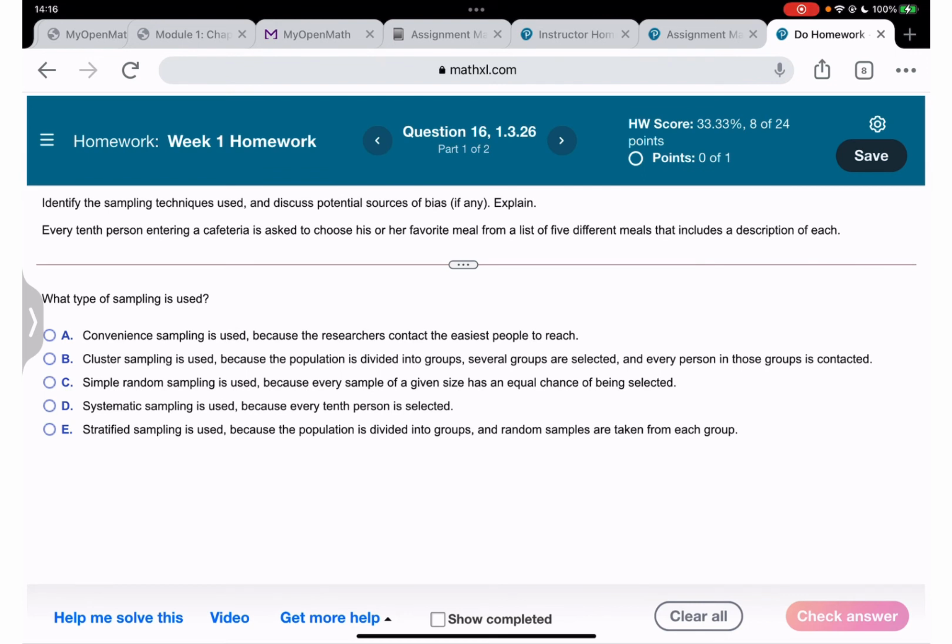Question number 16. So what type of sampling is used? Every 10th person entering the cafeteria, every 10th person, that is systematic. Let's say I am an inspector and I'm going to Publix to inspect a gallon of milk, the quality of milk.